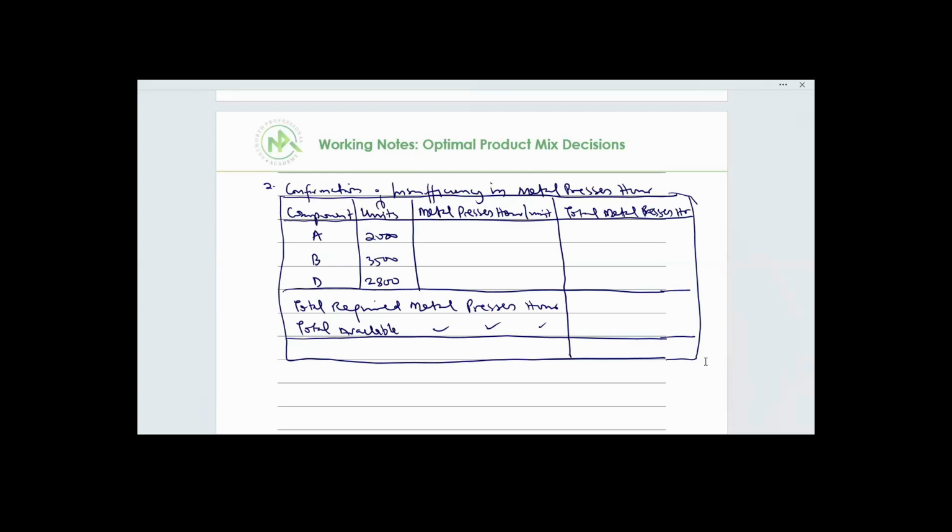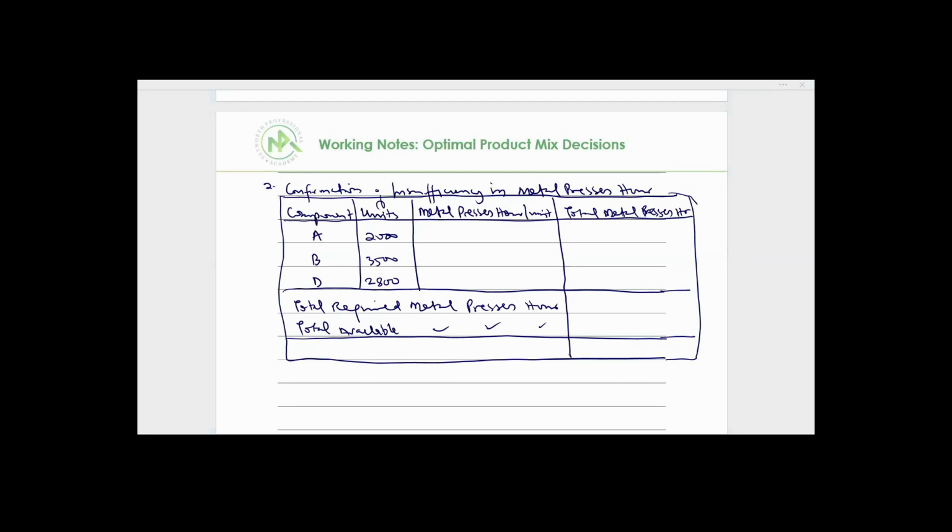Let's determine metal presses hour per unit. You are told in the question, after the first table, that direct expenses relate to the use of metal presses, which cost 2 naira 50 kobo per machine hour to operate.